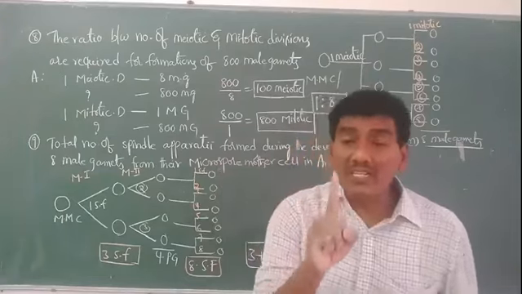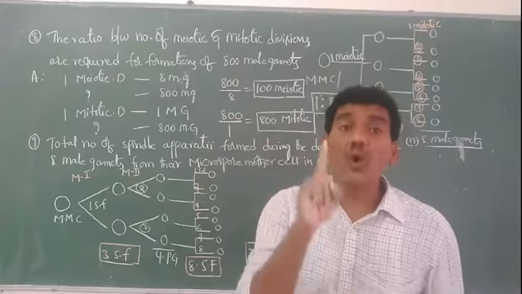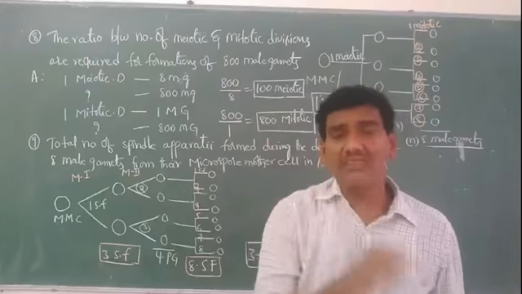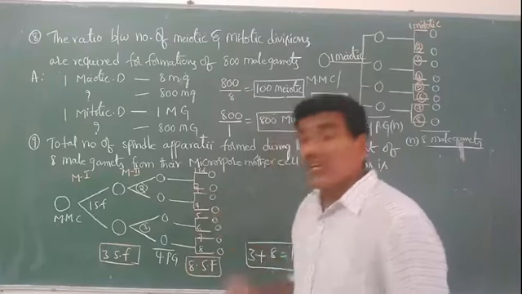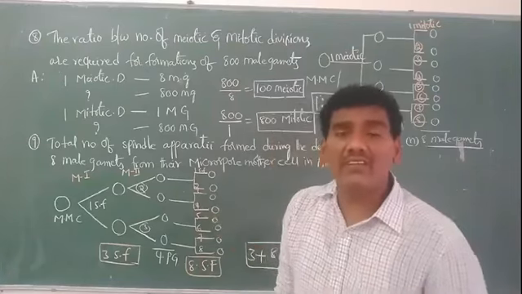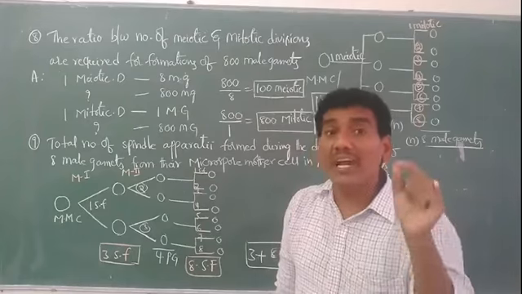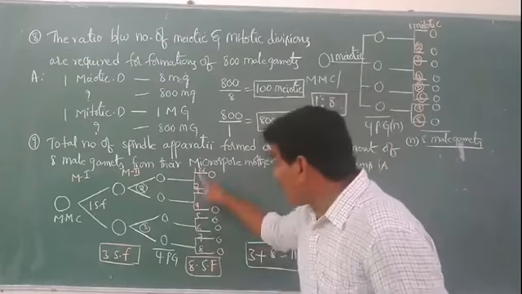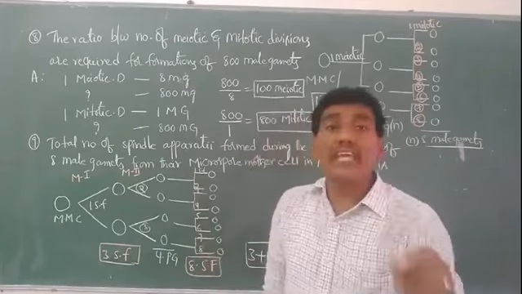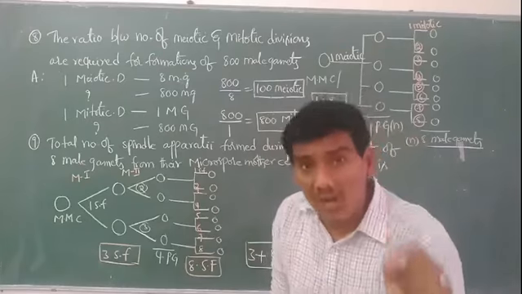For the formation of 1 male gamete, 1 spindle apparatus is required. Totally 8 mitotic divisions are required, so 8 spindle apparatus are involved.